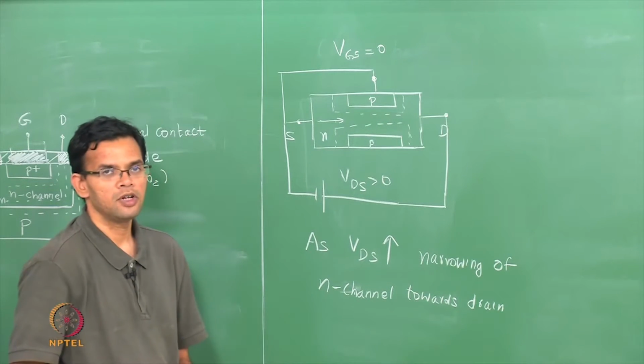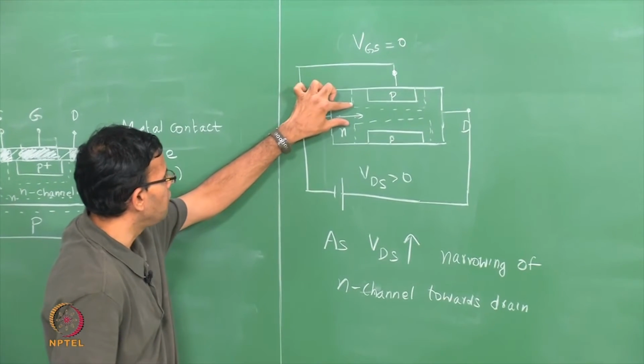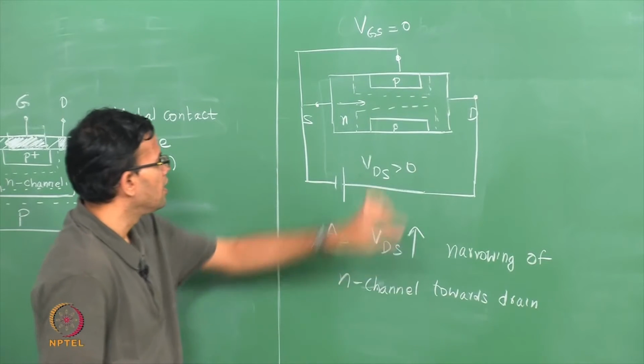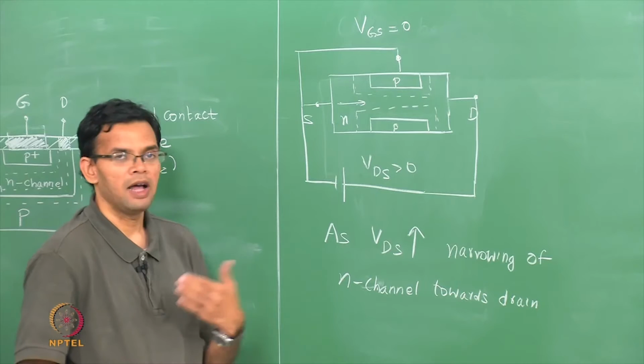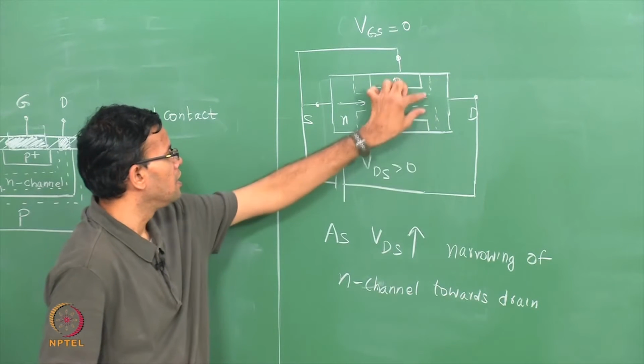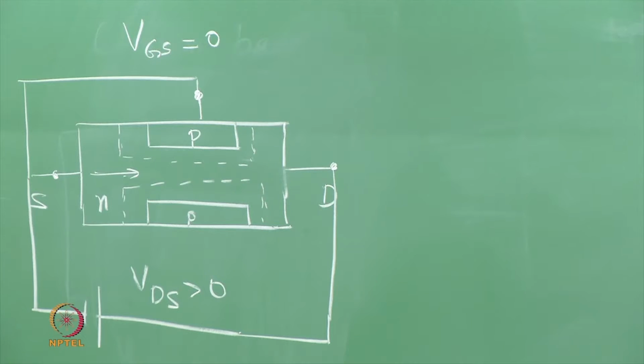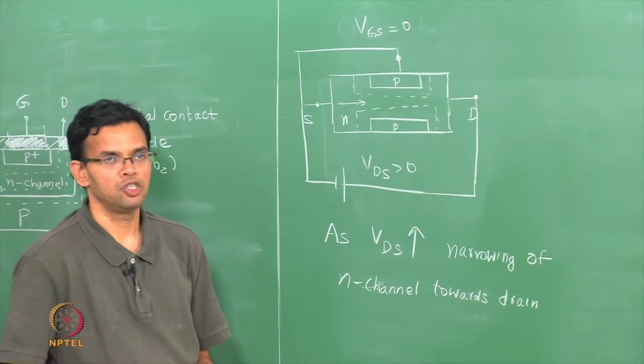So if you look at the channel, it is wider near the source and starts to narrow near the drain. If we increase the value of VDS further, there is going to be further narrowing until both the depletion regions meet, in which case we will have a pinch off region.